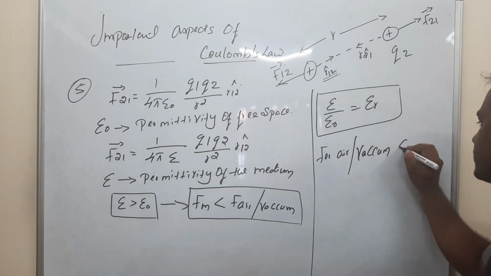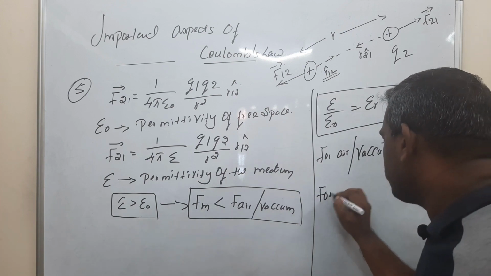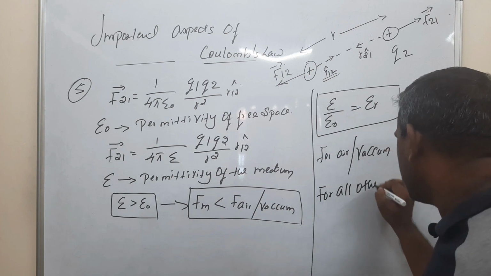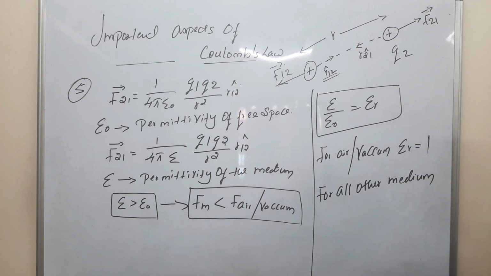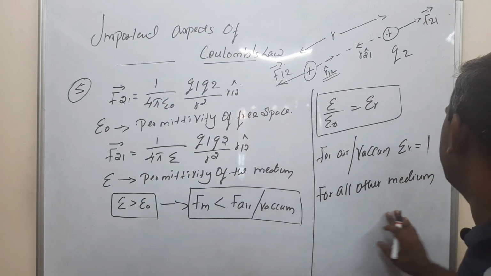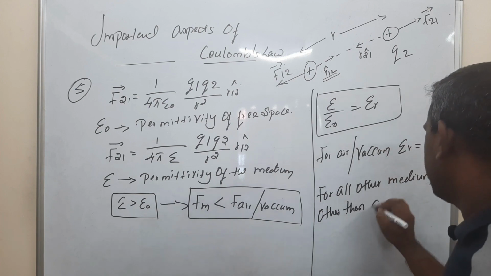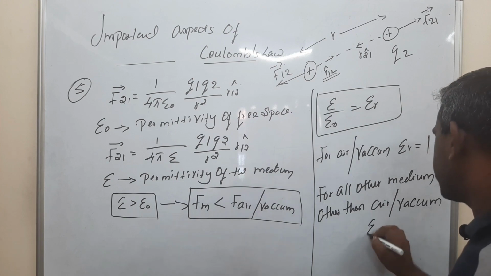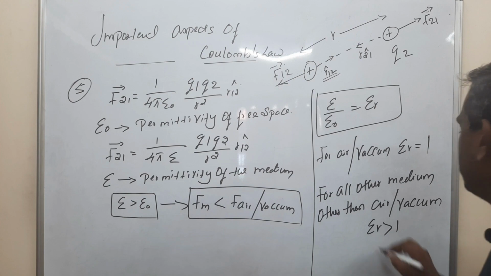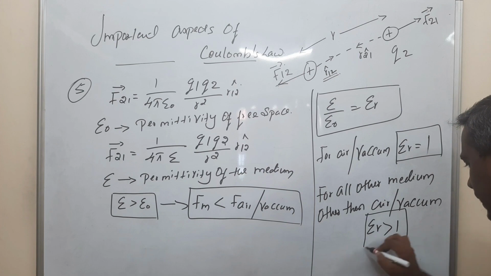For air or vacuum, epsilon r is equal to 1. For all other media, other than air or vacuum, epsilon r is greater than 1.